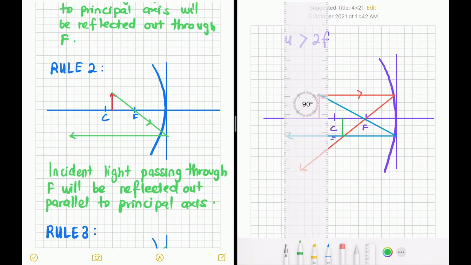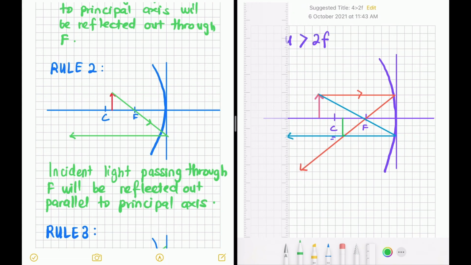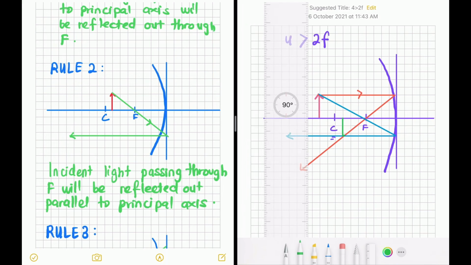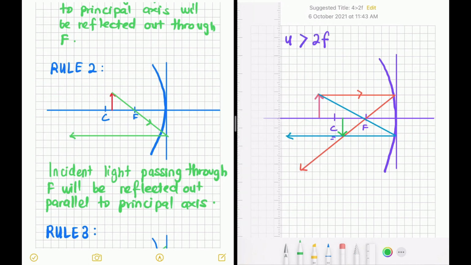So we can draw the image. Any image which is formed below the principal axis is an inverted image. And we can compare the size of the object and the size of the image.